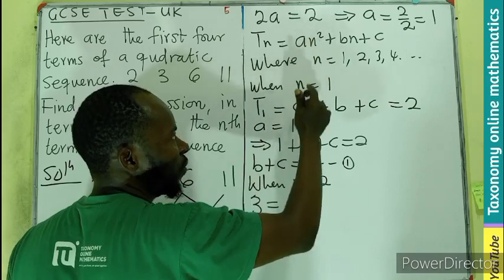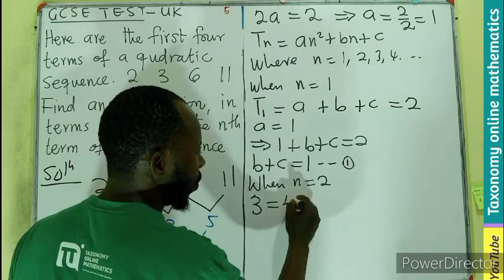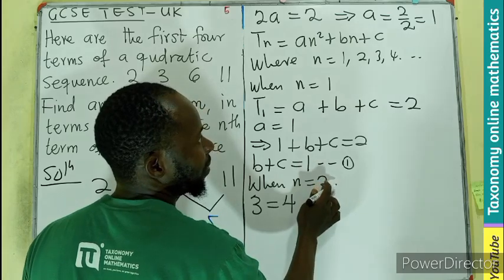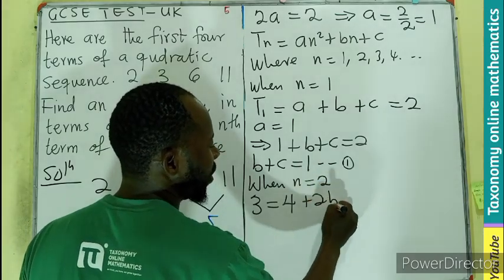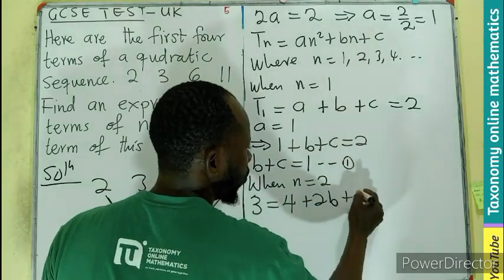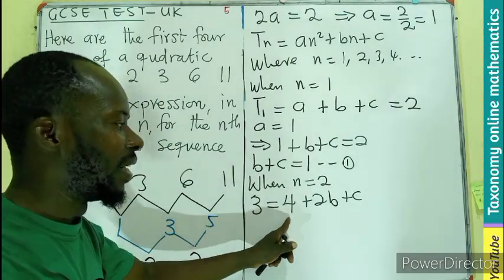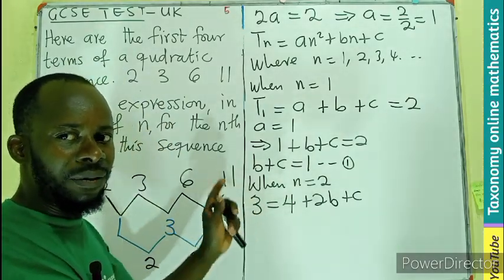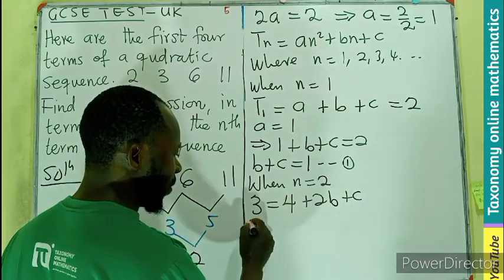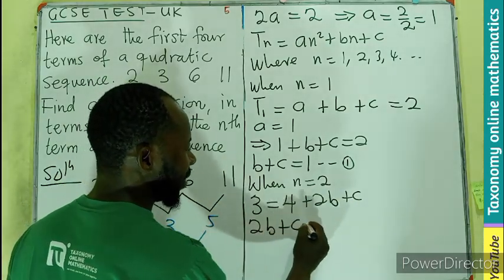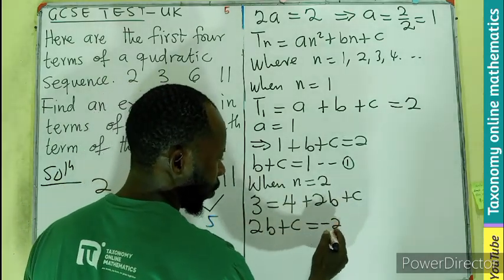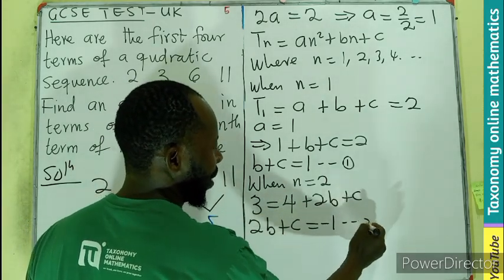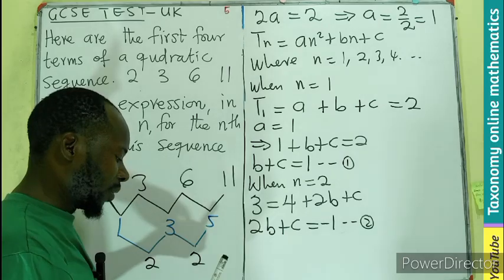When you square 2, you get 4. 4 times 1 is 4, plus b times n, that is 2b, plus c. Transferring the constant, we get 3 minus 4, which is negative 1. Meaning 2b plus c equals negative 1. That becomes the second equation.